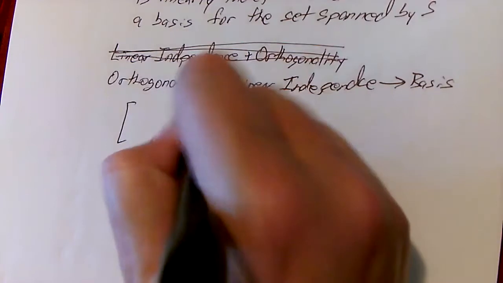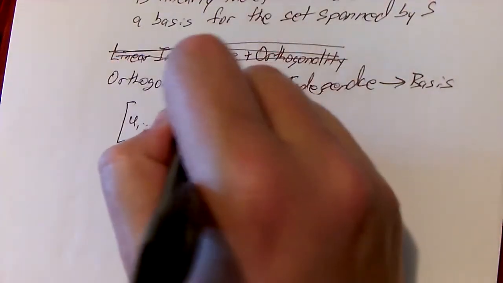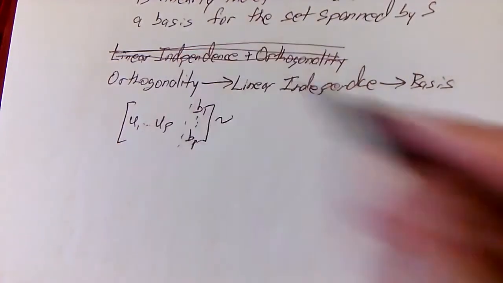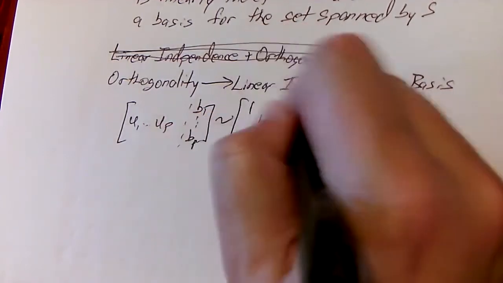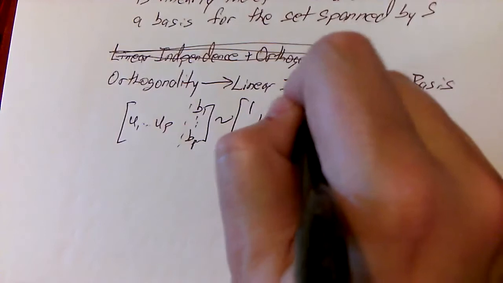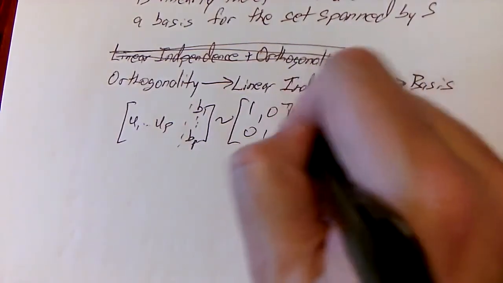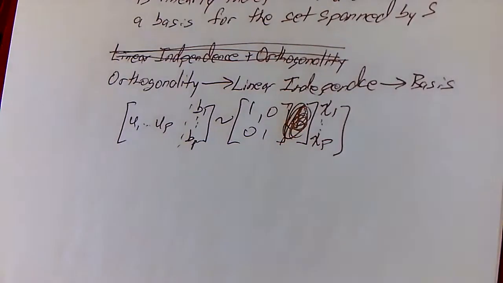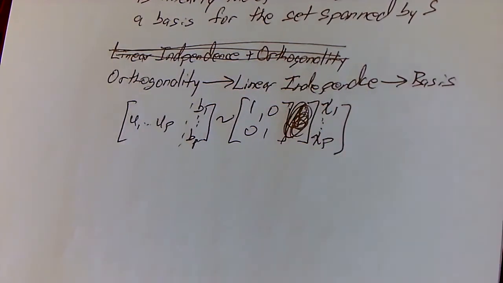We augment our vectors, this would be U1 through UP, we have our unknowns, and we solve that system, and hopefully we get the identity here, with my weights X1 through XP, or C1 through CP, whatever it might be. Hopefully I get my vector set up there with independence.